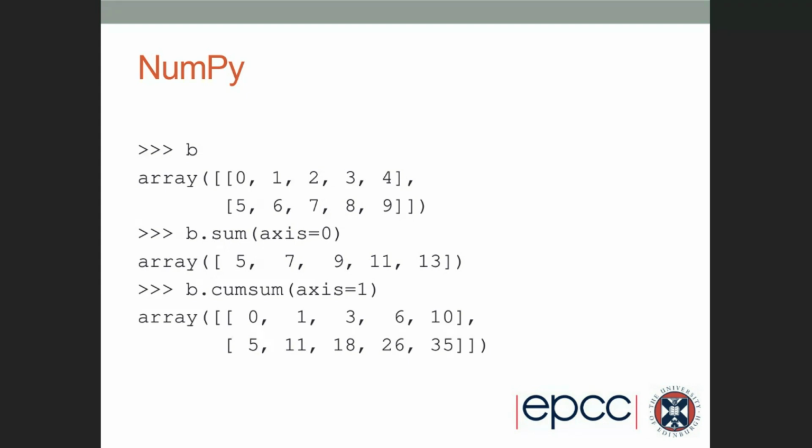And another example is a cumulative sum over the other axis. So the first example was summing over columns. This one is summing over rows, and doing so cumulatively, so adding on to the previous sum.